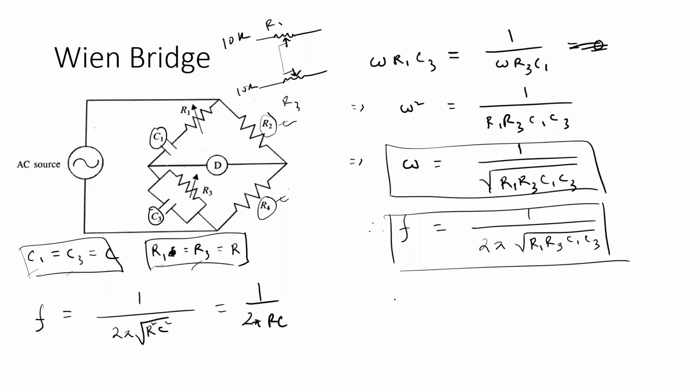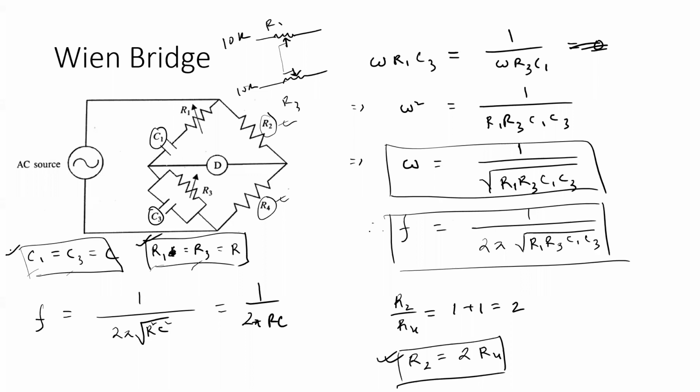So what should be that condition? That is R2 divided by R4, as both the resistances and capacitances are equal. So the value of R2 should be twice the value of R4. So if these three design rules are followed, then the frequency of the unknown signal can be determined using this simplified expression.